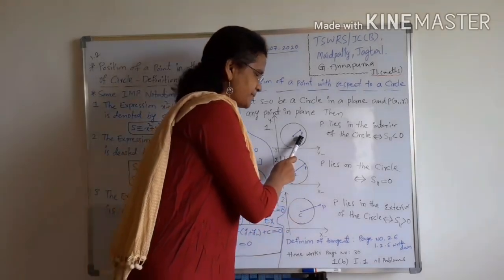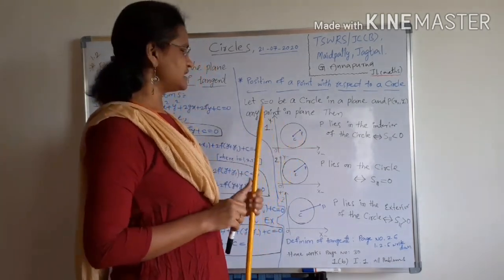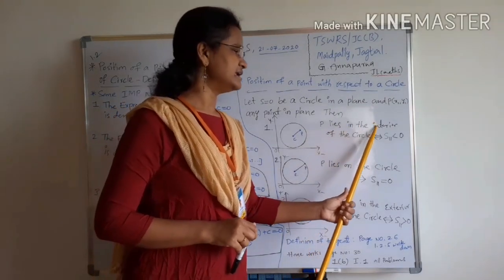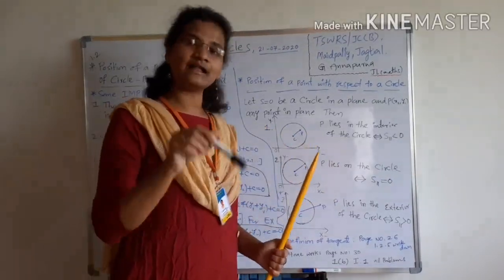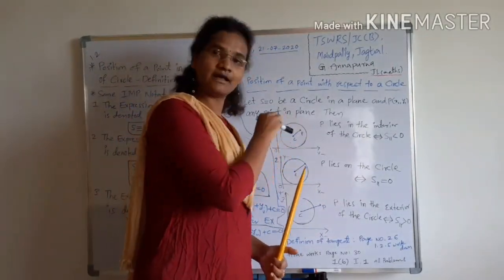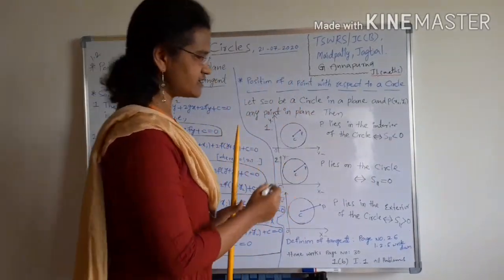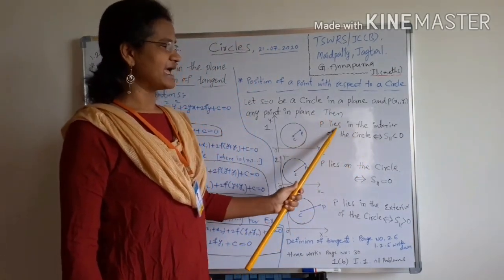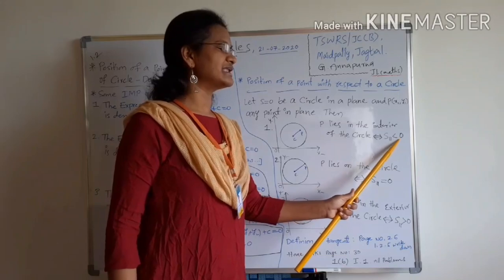Now, this point P is in the interior of the circle. That means P lies inside of the circle, the point P(x1, y1). That's why the condition is this: P lies in the interior of the circle if and only if S11 is less than 0.